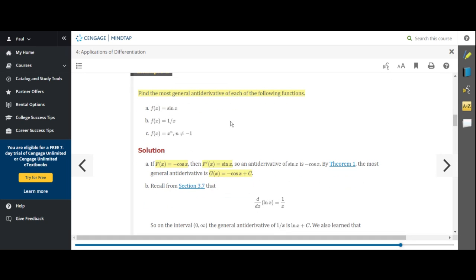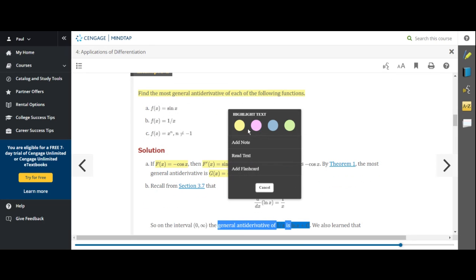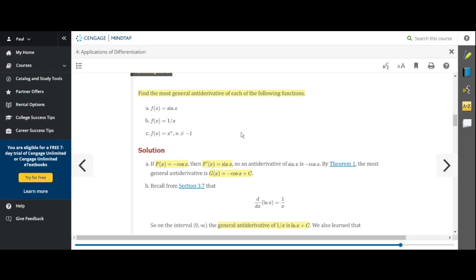If, for instance, f of x equals 1 over x, part b, well, the derivative of the log of x is 1 over x, right? That's one of those derivative facts that you've learned. And so the general antiderivative of 1 over x is the log of x plus c.